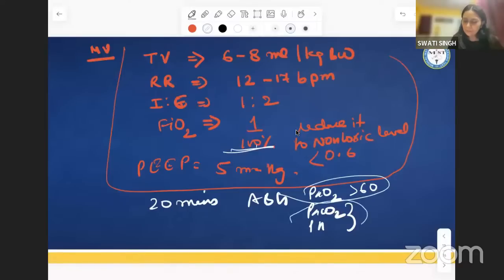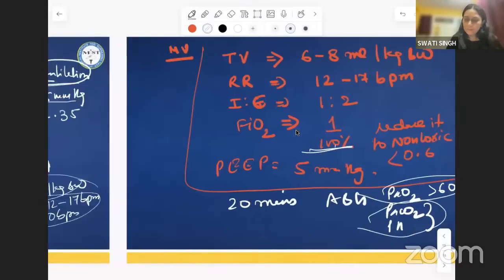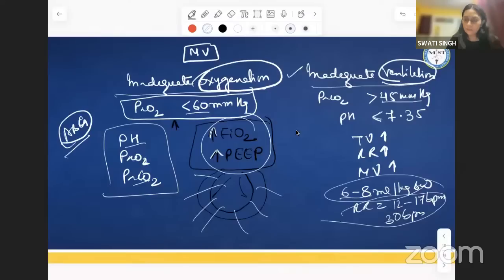If PaCO2 and pH are altered, if PaCO2 is more than 45 and pH is less than 7.35, that is respiratory acidosis. Then we try to increase the tidal volume or respiratory rate to increase the minute ventilation. I told you, first we increase the respiratory rate till 30 breaths per minute, right?